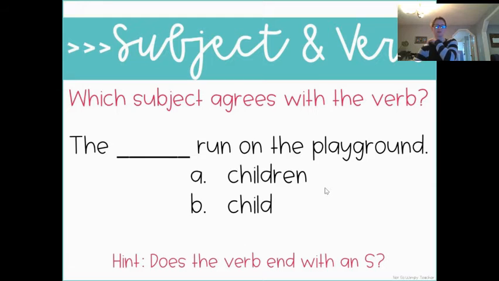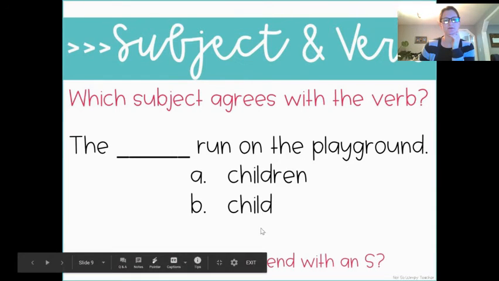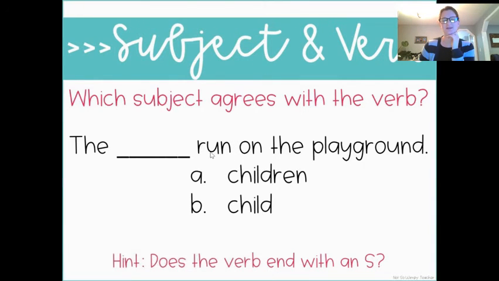Okay. The children or child run on the playground. Which subject agrees with the verb? There's no S on the end of the action verb. The verb is run, but there's no S on the end. So I think it's going to be children, because children is plural.